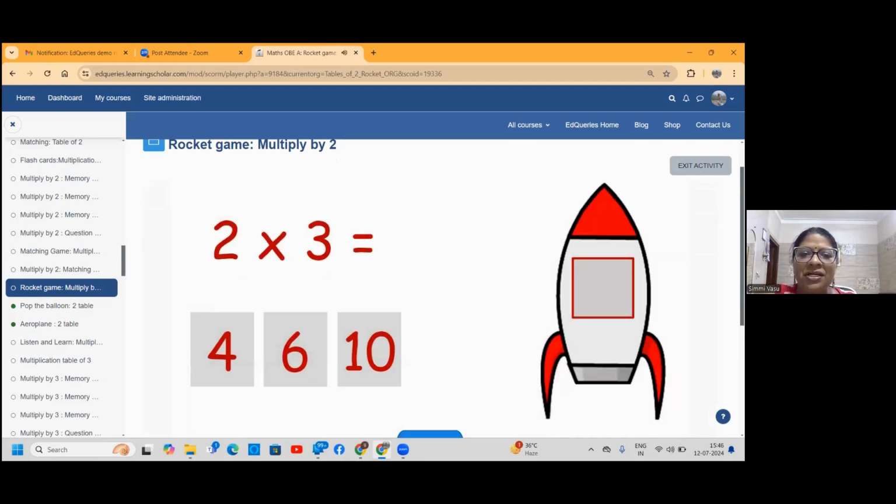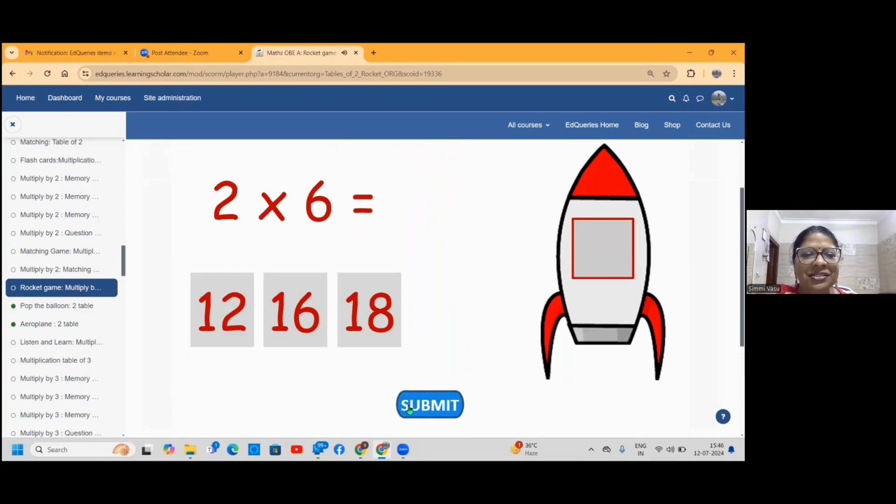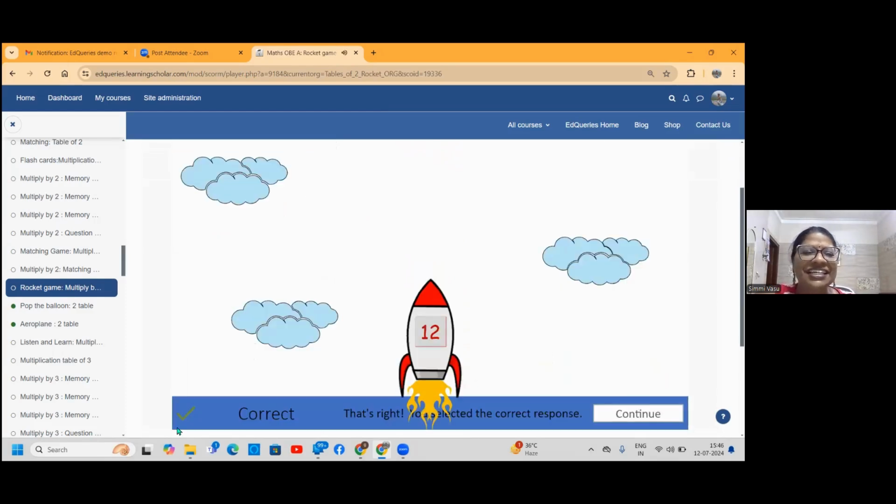Drag. So 3 twos are 6, 2 threes are 6. So I put it here, and if I submit it, well done. We have fired the rocket, and it's off to the space. Sorry, 12. Well done.